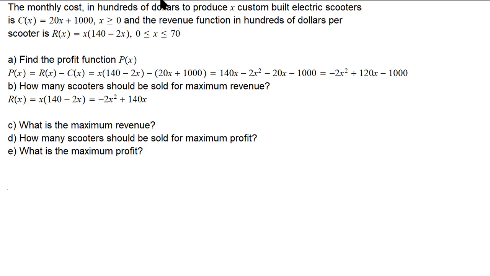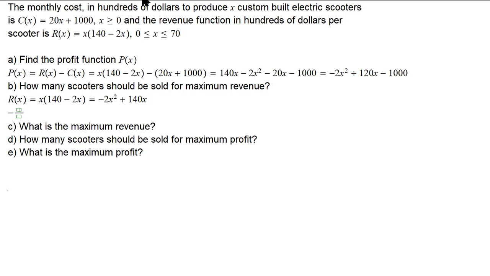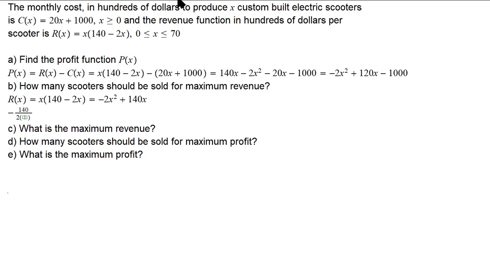Remember, for a quadratic function, the maximum value occurs at x equals negative b over 2a. So take the coefficient of x and divide it by 2 times the coefficient of x squared.